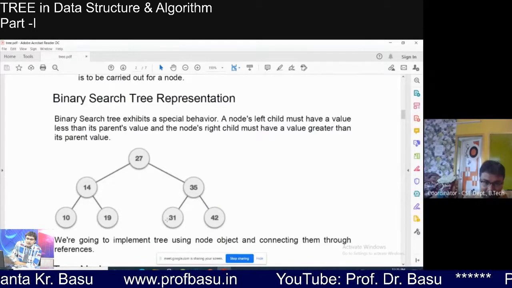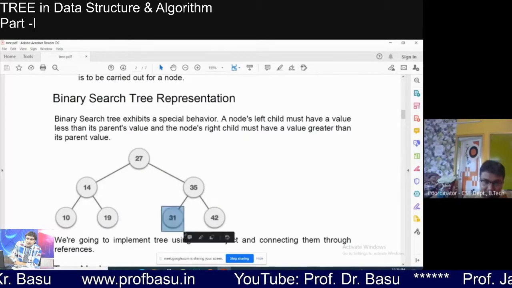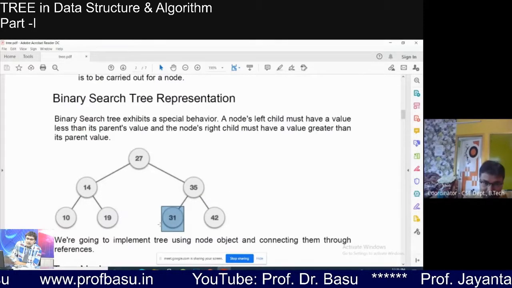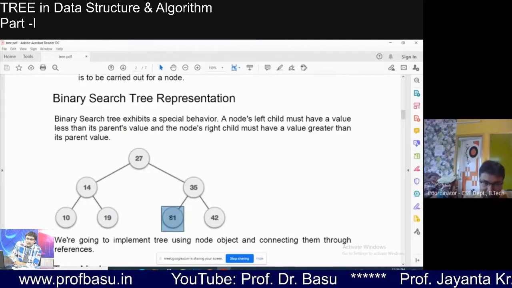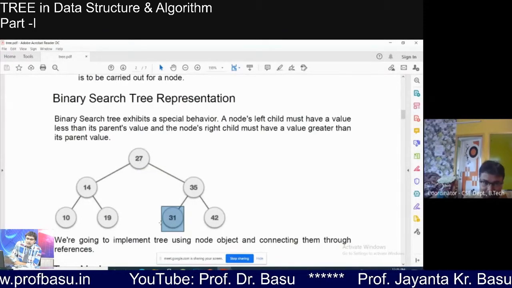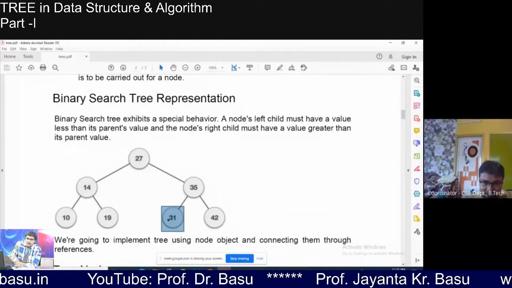But 31 is greater than 27 because this node is the left child of 35, but in the right subtree of 27. So the value is greater than 27 but less than 35.